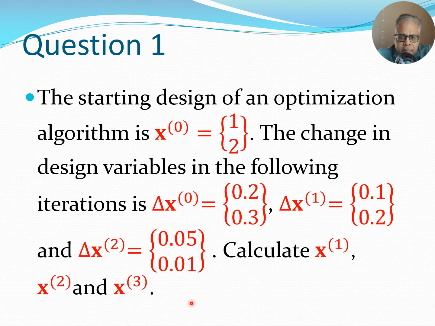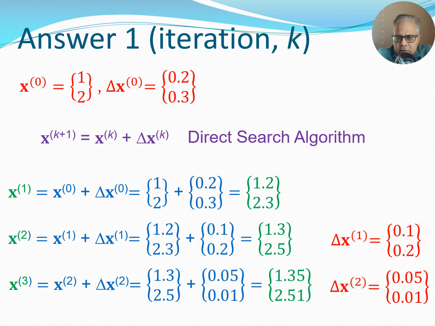So here we are being asked to use a very important and fundamental equation in direct search, which we are going to discuss next. So this is the equation xk plus 1 is xk plus delta xk. And this simple equation actually encompasses all the direct search algorithms out there in optimization.